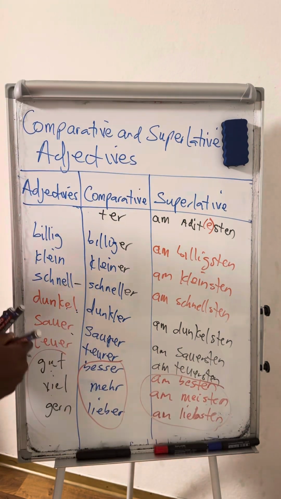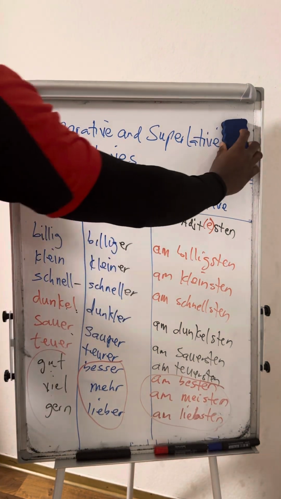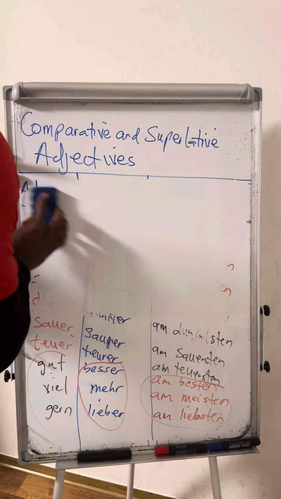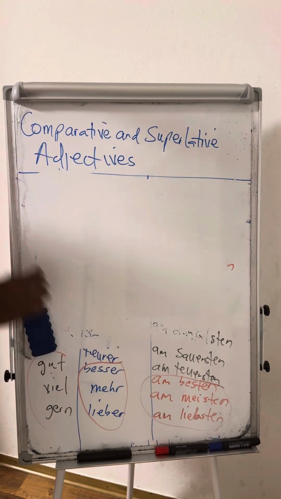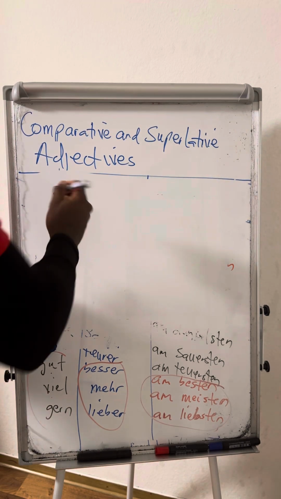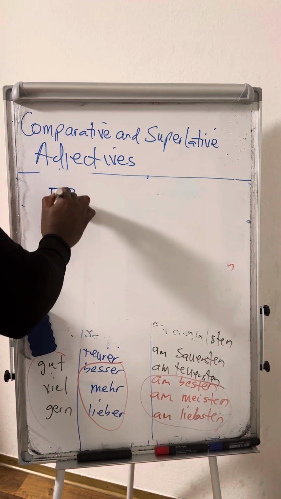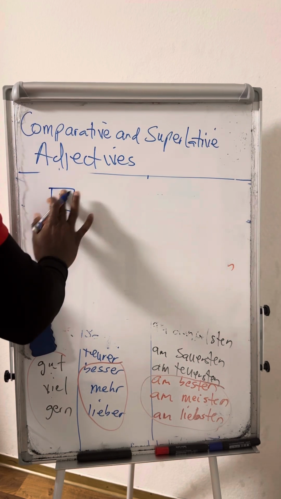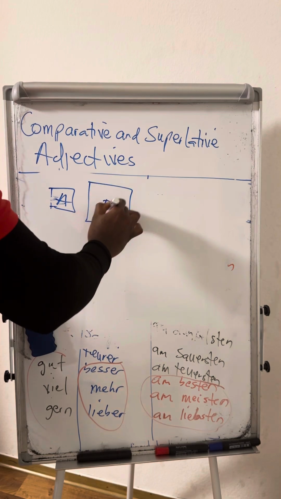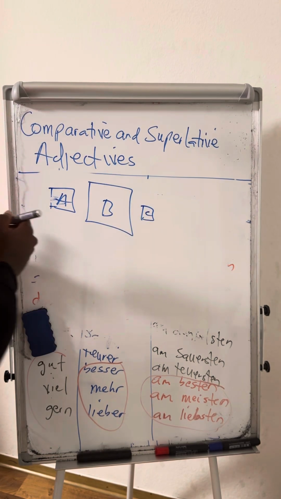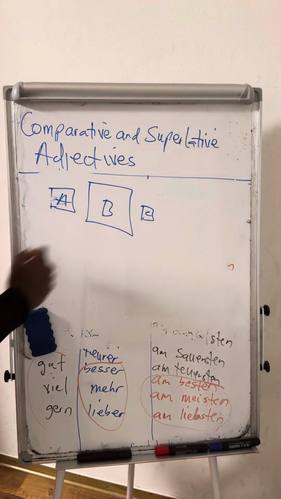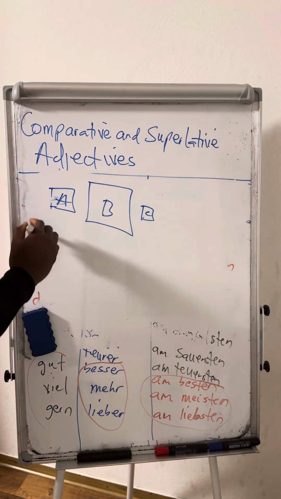You understand? Good. So let's make some examples now. So let's say here is B, and here is A, here is B, and here is C. So if you want to say C is smaller than A, it will now be what?